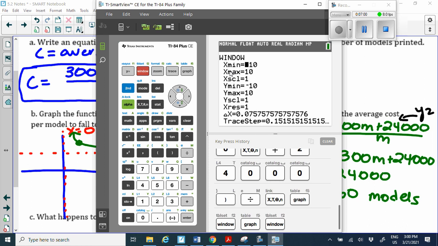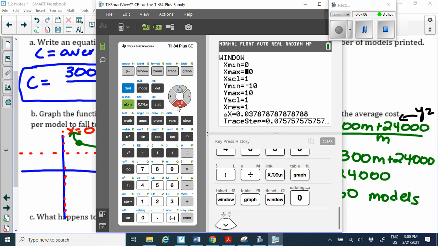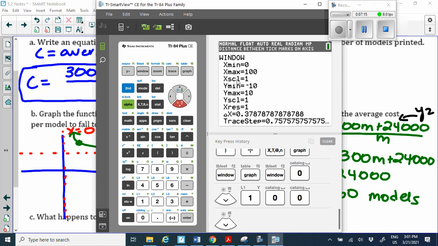So my minimum, I'm going to go ahead and make that a 0. And you can just put it in and then arrow down. I'm going to keep my max as a 10. Actually, I'll change that. I'll go to 100. Now you'll see XSCL, that means scale. So are we going to go by 1s, 2s, 3s? I'm going to go by 10s here.